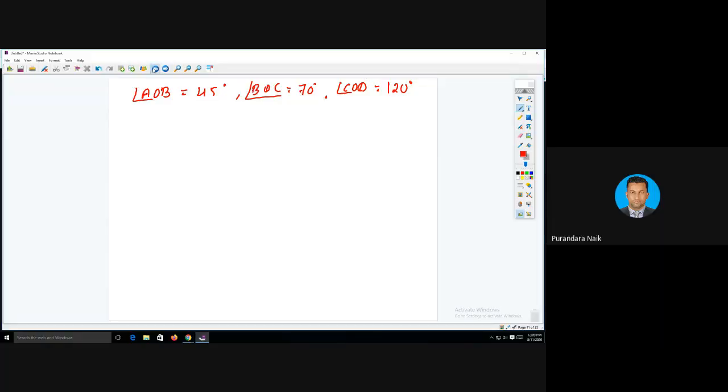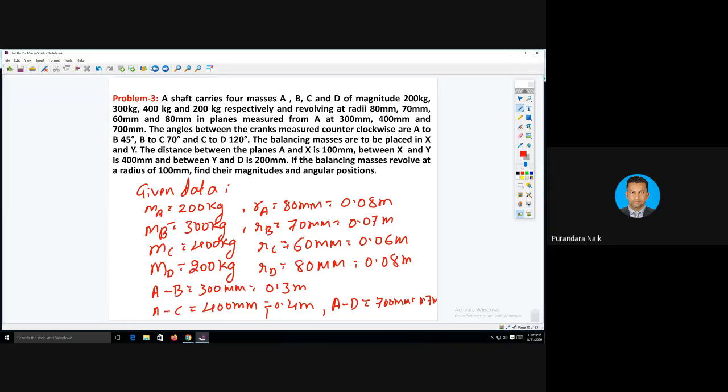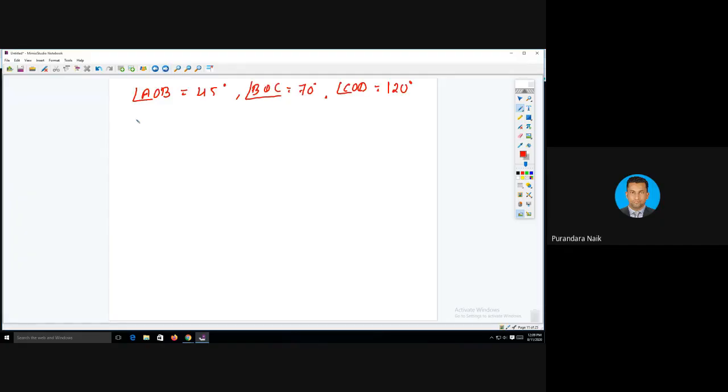Next is the given data. The balancing masses are to be placed in two different planes, X and Y. The distance between the planes A and X is 100 millimeter, that is equal to 0.1 meter.